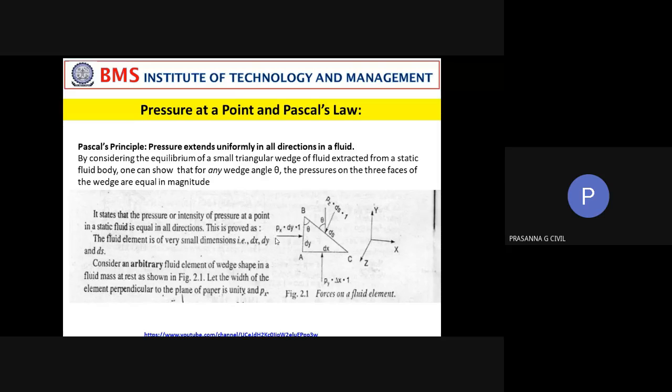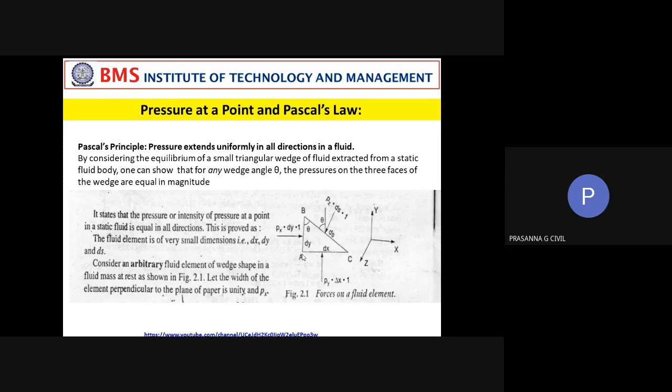This pressure intensity will act on this length dy and a unit thickness of 1. So we take unit thickness. Think of this triangle as a slice which has unit thickness, and that unit thickness is in the other dimension which you can't see.